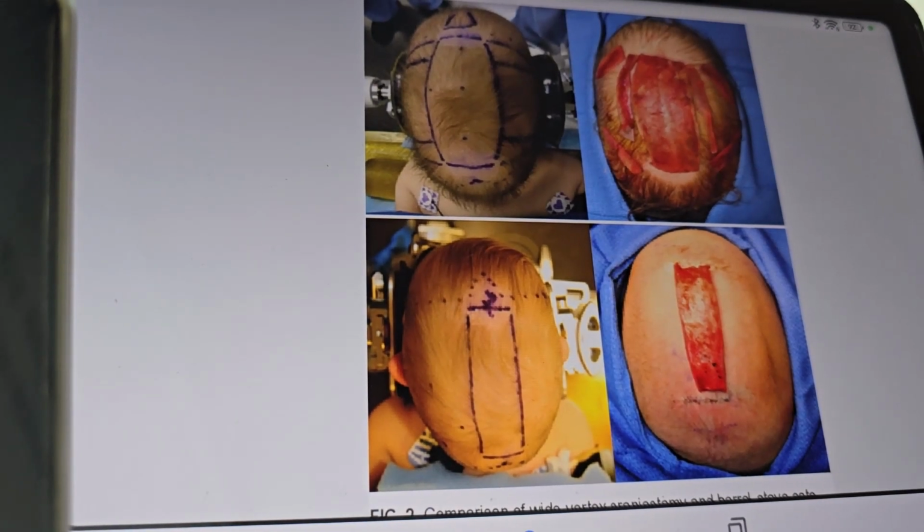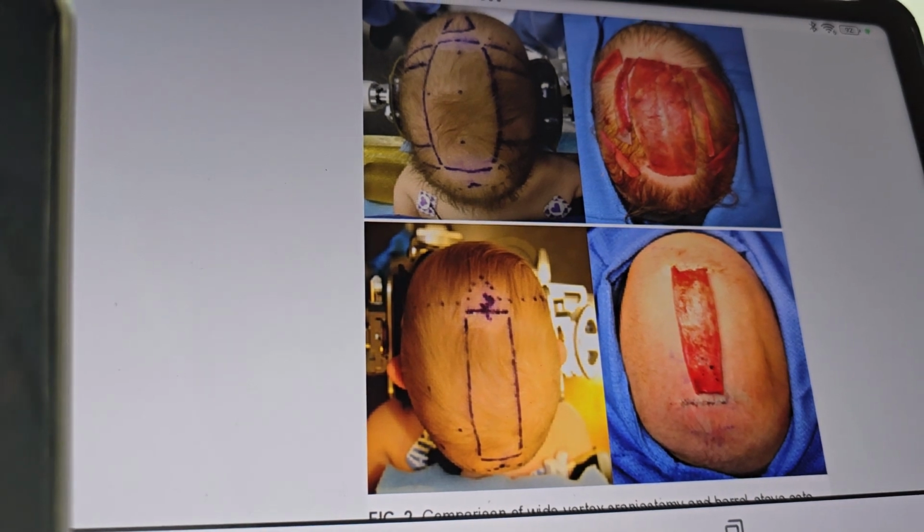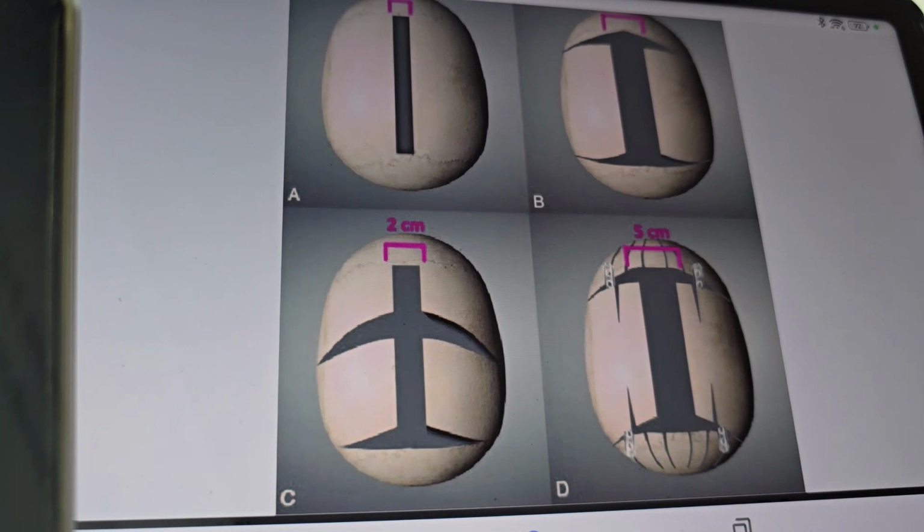Here you can appreciate the planning, and how sometimes we have to plan for correcting these kinds of craniosynostosis. This is the geometric planning we are doing, with 5 centimeters apart, 2 centimeters apart, and 1 centimeter apart.